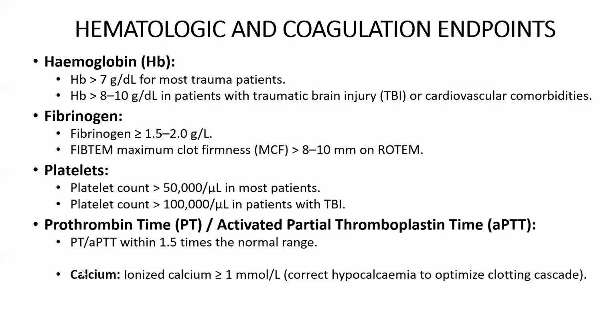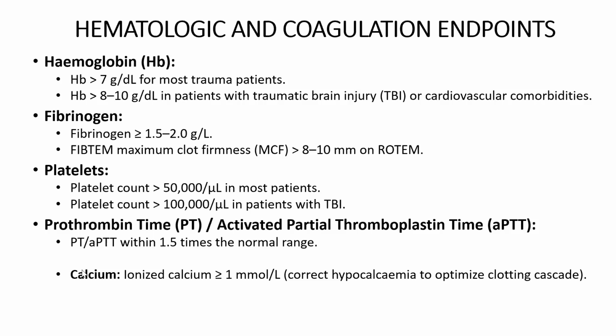Usually you can use your ROTEM, that is your FIBTEM should show a maximum clot firmness of more than 8 to 10 millimeters. This I've already discussed when I spoke to you about the ROTEM parameters, if at all it is present. If you don't have ROTEM, don't break your head. A fibrinogen level of more than 1.5 should be sufficient. Thrombocytopenia, more than 50,000, don't do anything. More than 1 lakh is usually what is supposed to be the target for traumatic brain injury.